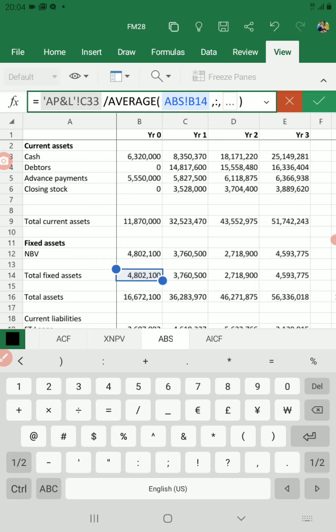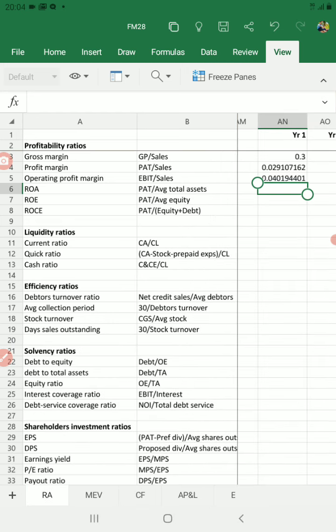Oh, that one is not that one. I have used a different approach now, so let me repeat it again. Let us use the same approach I used earlier. So profit after tax divided by average total assets.